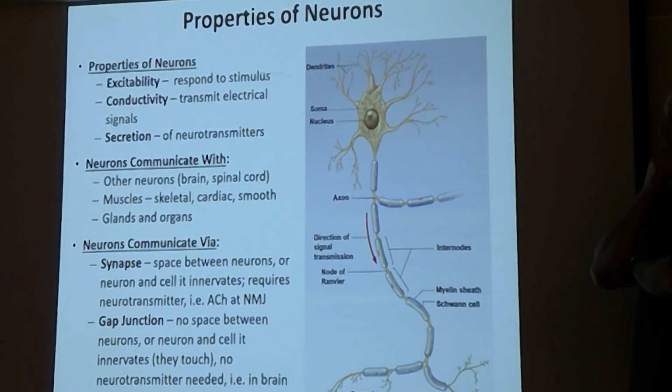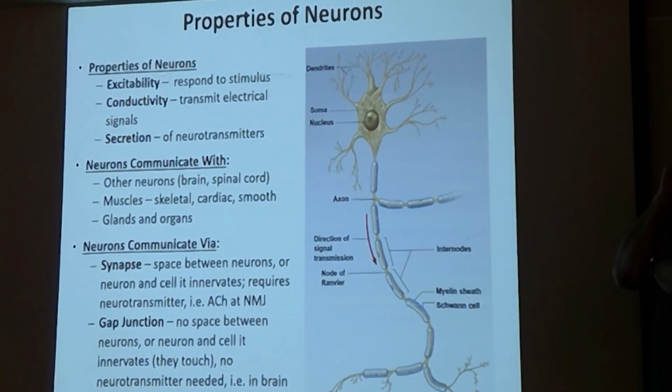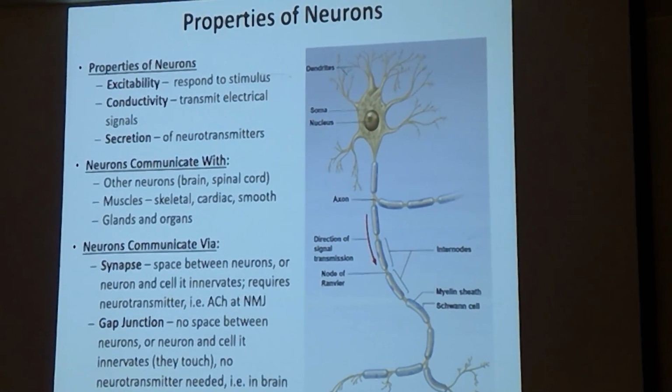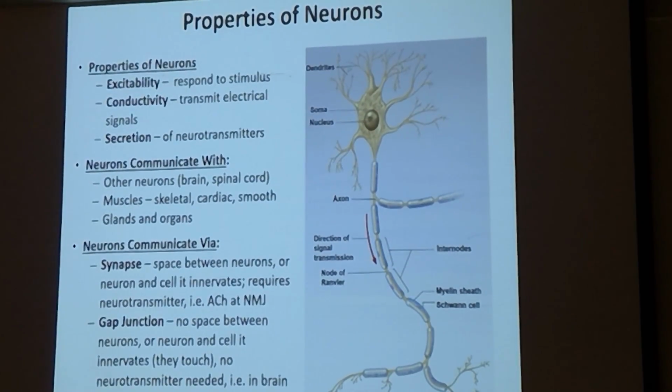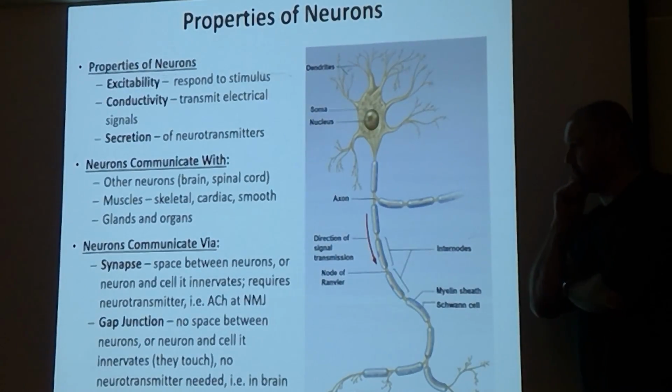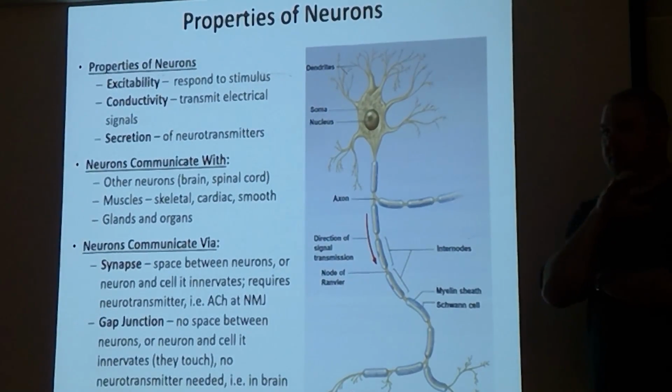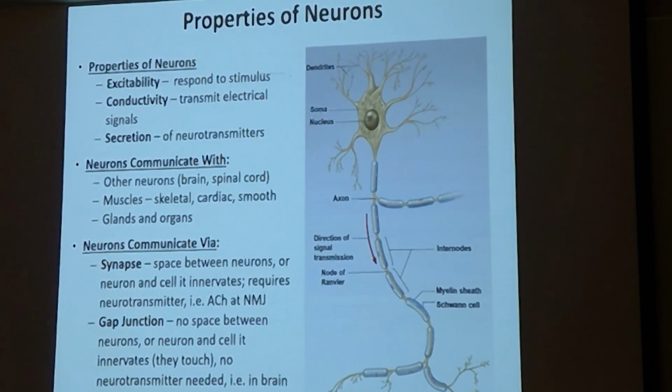You're going to have a space between the neurons, or the neuron and the tissue it's supposed to communicate with. That requires a neurotransmitter; the example they give is acetylcholine at the neuromuscular junctions. So anytime you see a synapse, you have to send a chemical out to send the signal to the next tissue.